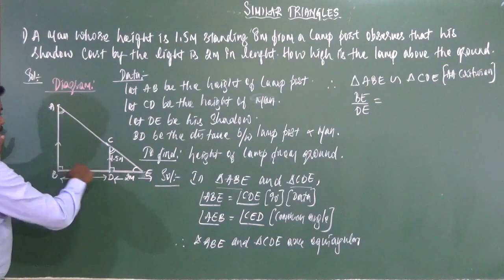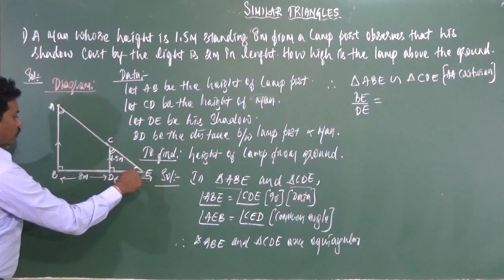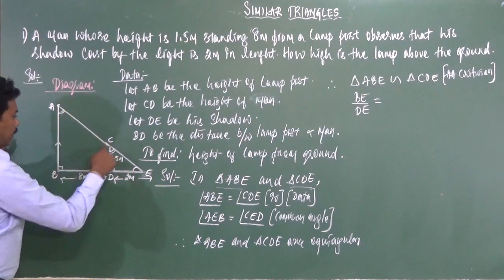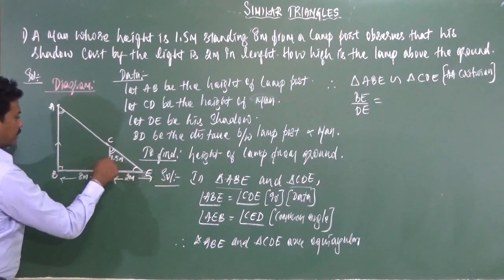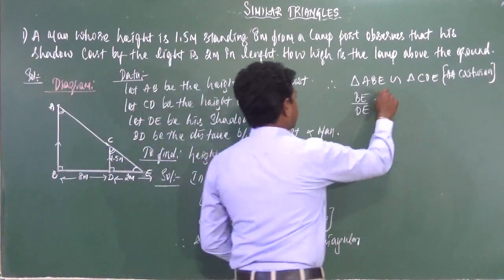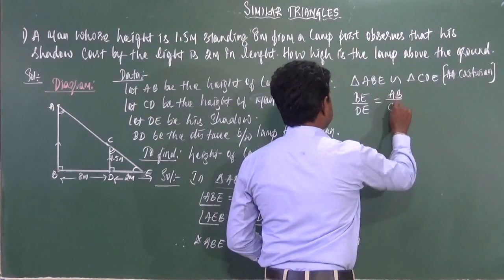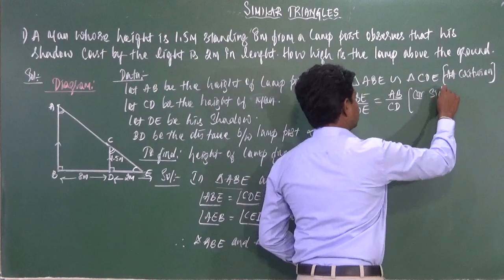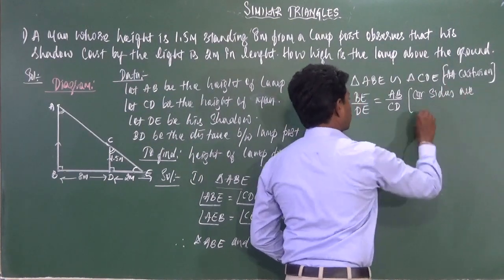In the bigger triangle the side opposite to the common angle is AB, and in this triangle the side opposite to the common angle is CD. Therefore AB by CD. The reason is corresponding sides are proportional.